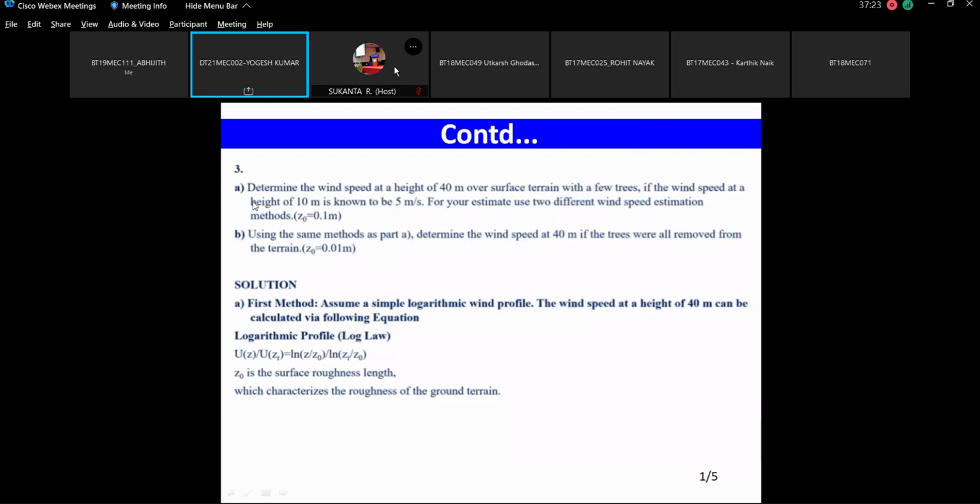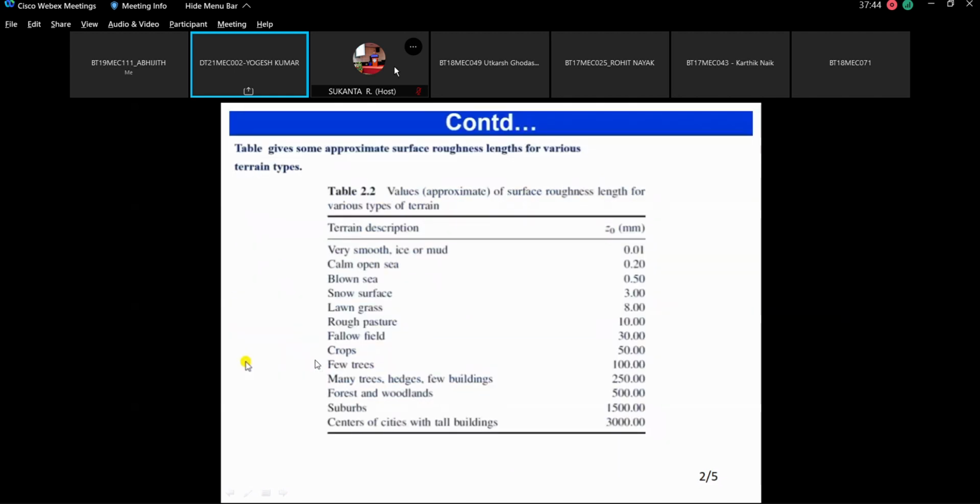That is, in the first part, zr is equal to 10 meter and velocity is 5 meter per second. Z naught is the surface reference length, and we take z naught from this table.